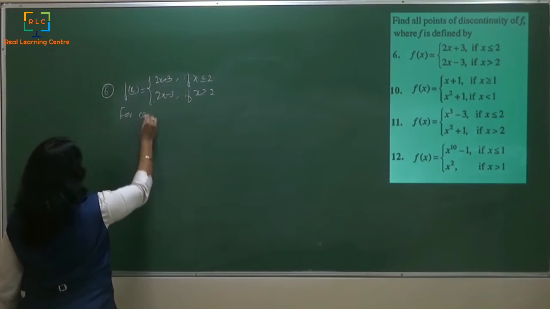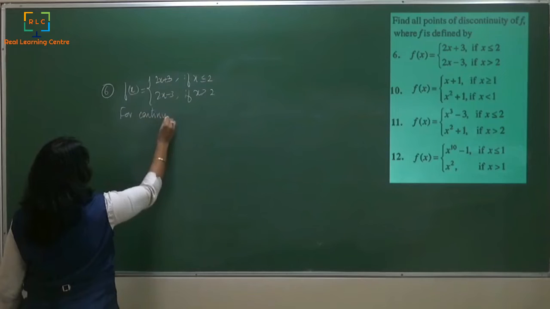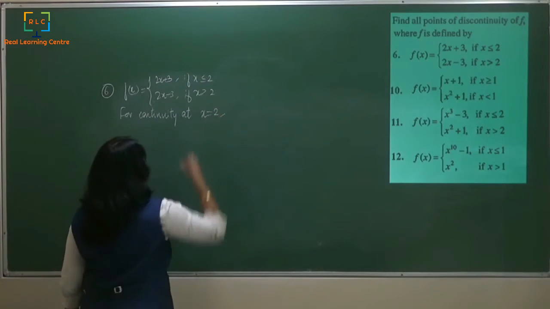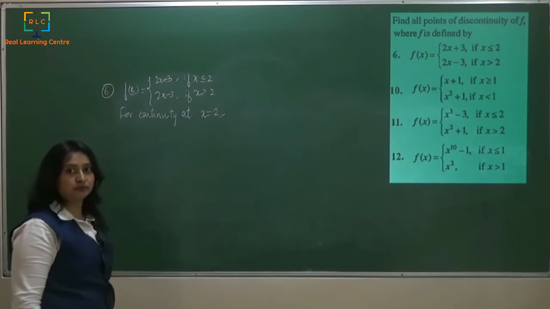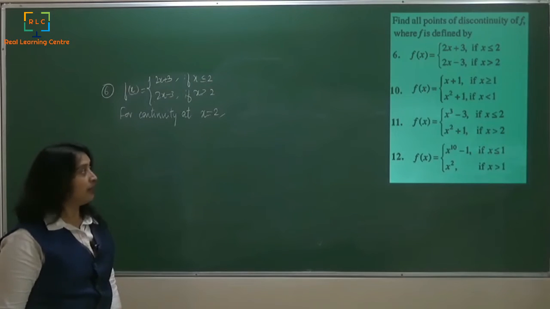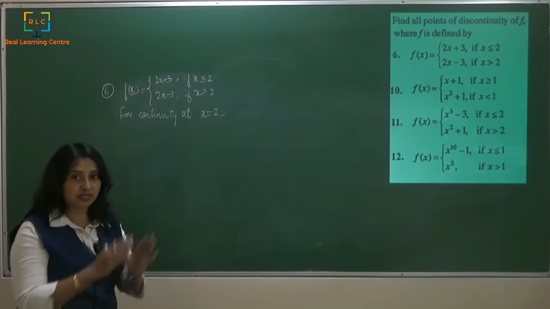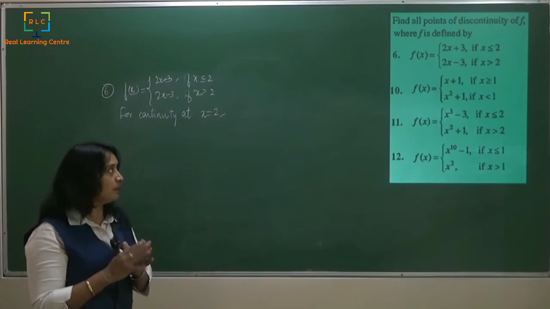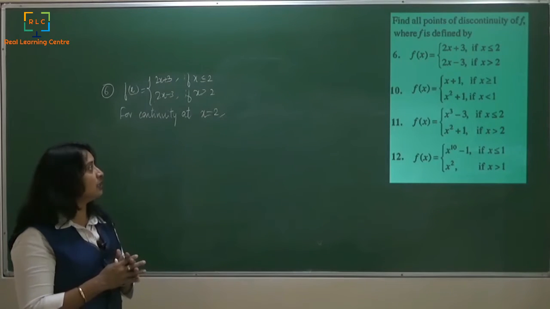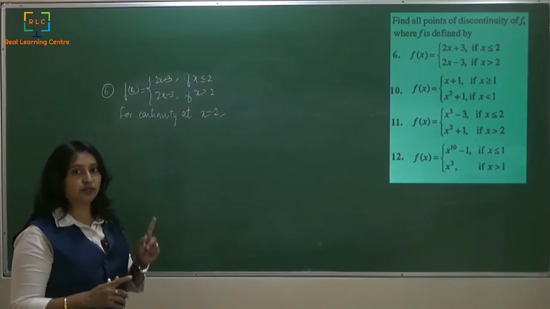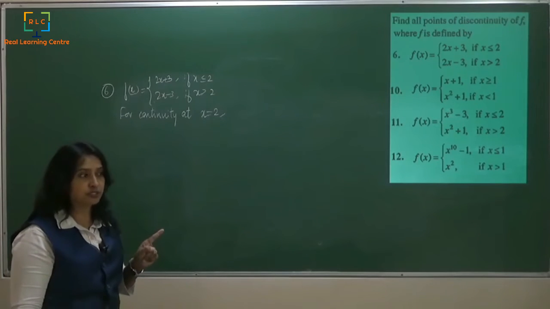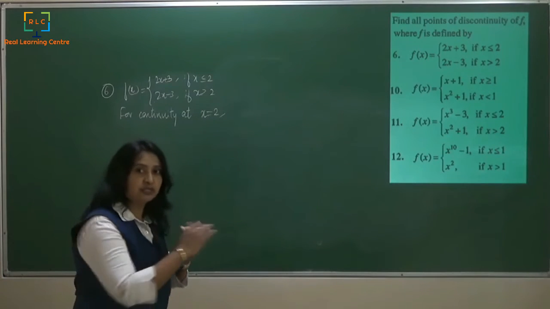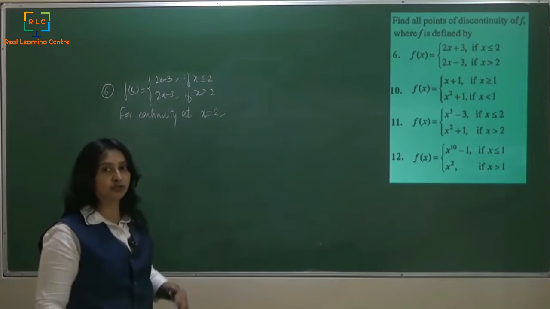For continuity at x equal to 2. Please run along with me. Every time for continuity, again I am telling you, we are coming to the core part of this chapter. For this concept, limit and continuity, every time for a continuous function, when they mention the question, we are going to write the definition, all three parts together, and simultaneously we will run with all three.